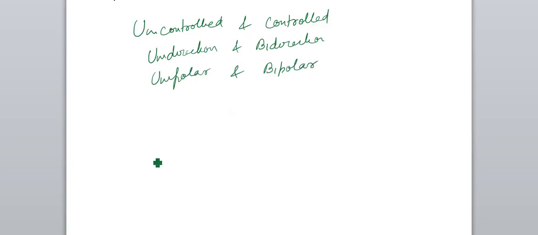So here we will be discussing two devices, mainly focused on diodes and SCR. I am focusing on diodes because this is the base where all the events start. And this is the new device you are going to get introduced to.